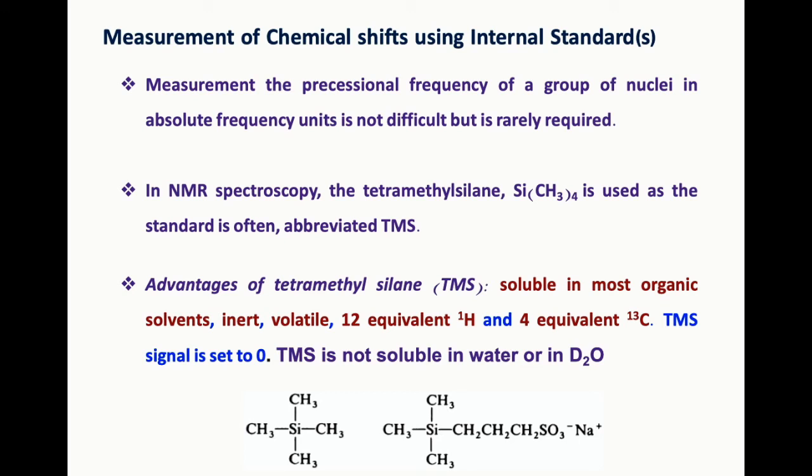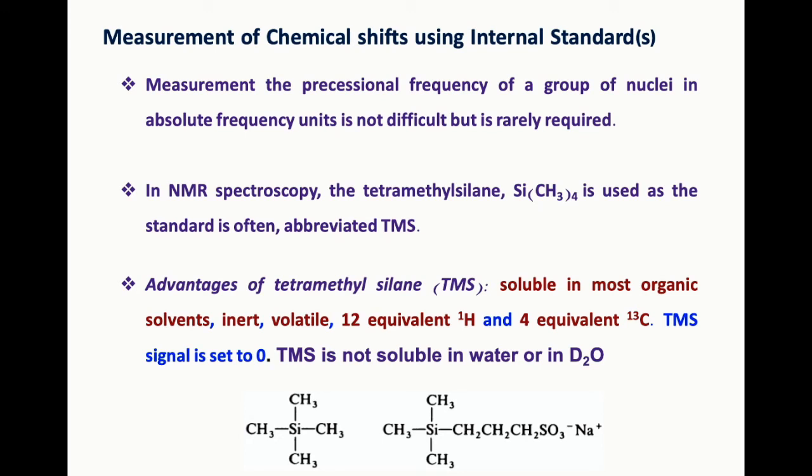Since its signal intensity is high, it is easy to locate, and then you can interpret the data. Similarly, when you are recording the carbon NMR spectrum, it has 4 carbons, and these 4 carbons are again equivalent. So this will also give a very good signal, easy to locate, to interpret the NMR spectrum of an unknown compound.